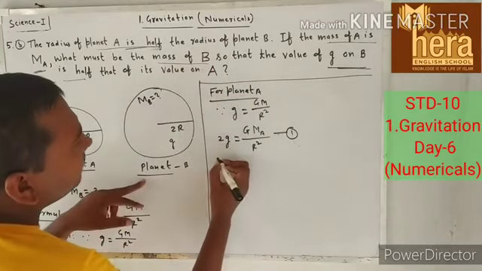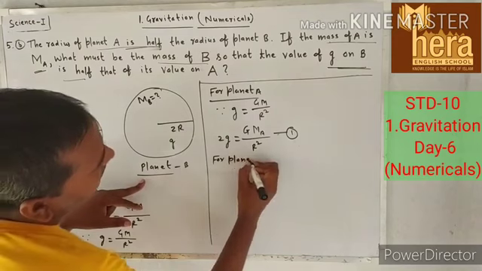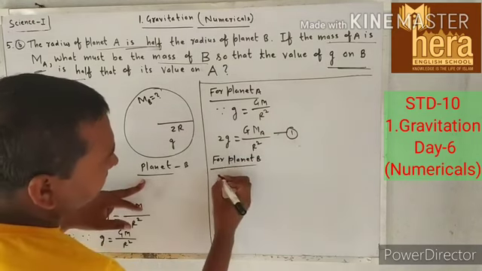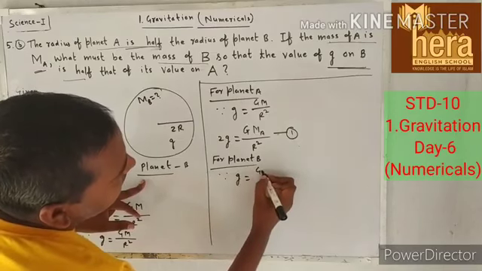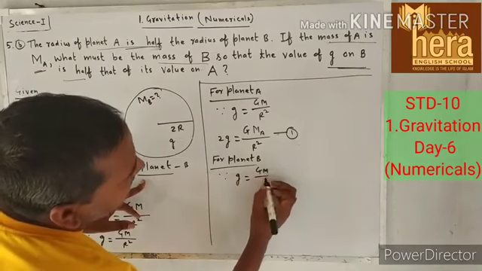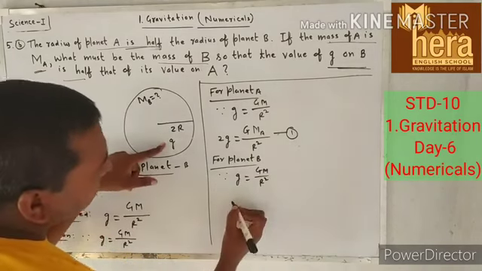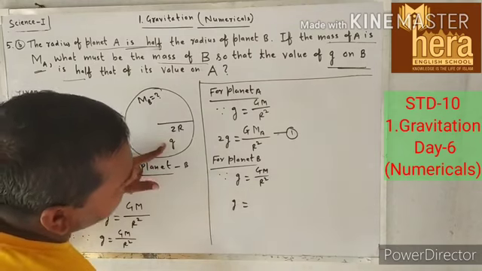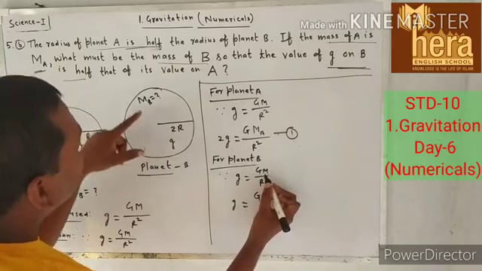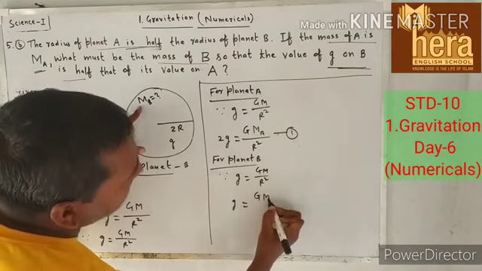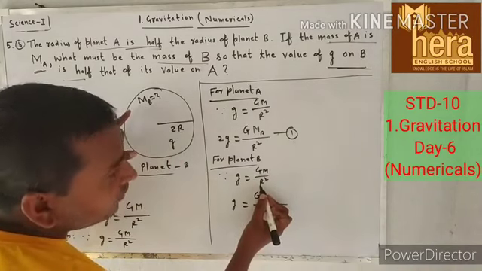Now for planet B, in the same way. Since g is equal to GM upon R square, at the place of g write g only, is equal to G is a constant, G M. Here we have to use MB because we have to find the value of MB in terms of MA.